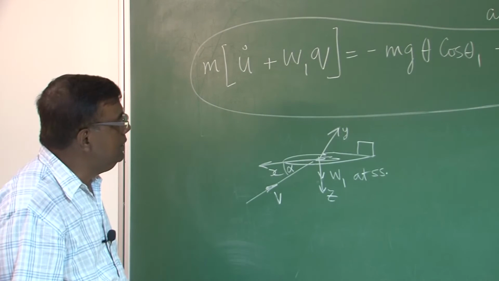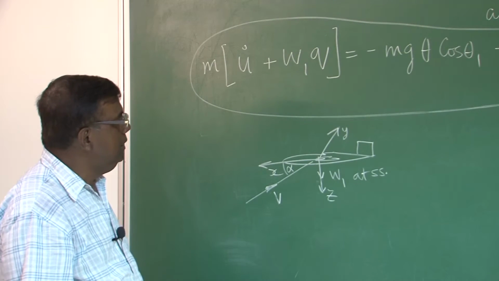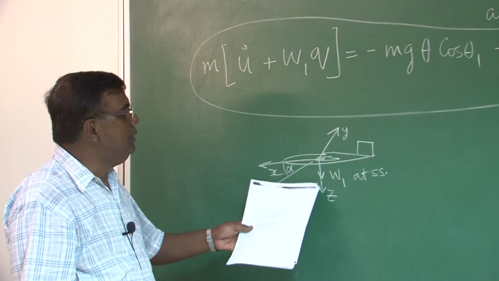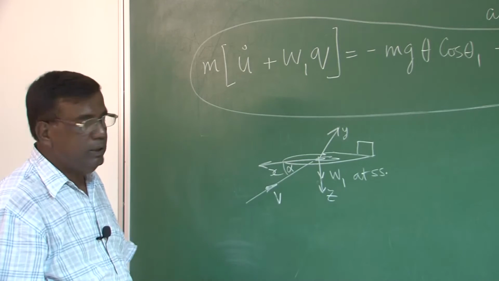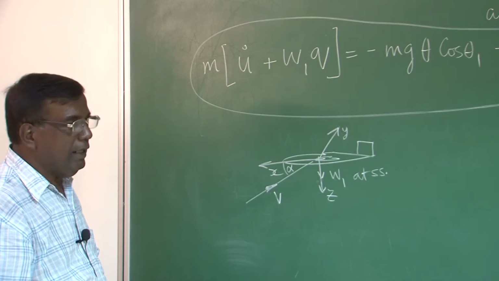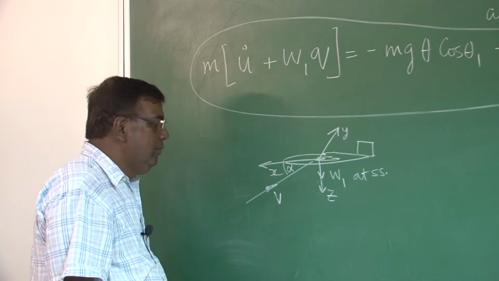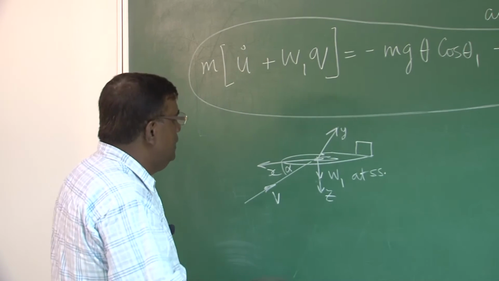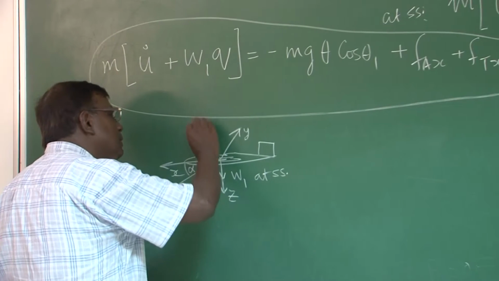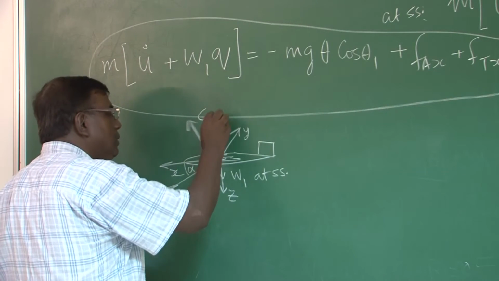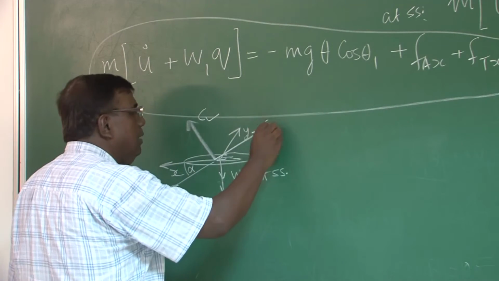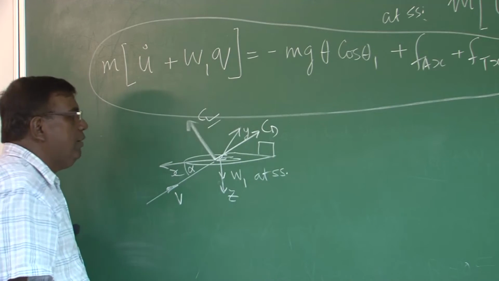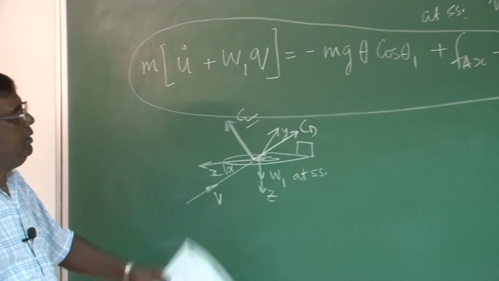So you can see that as the axis moves, the W1 component goes on changing. There is a smarter way of handling this. For a simple reason, you know that the lift and drag will always be, lift will be perpendicular to the velocity and drag will be opposing it.